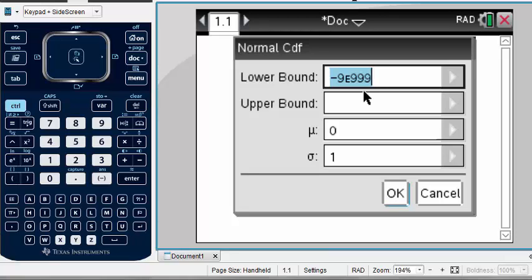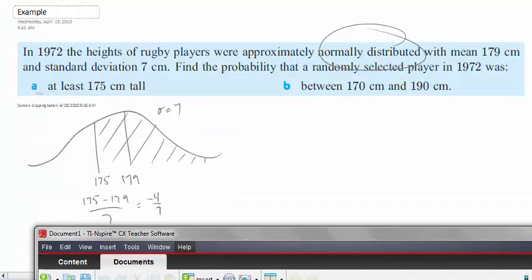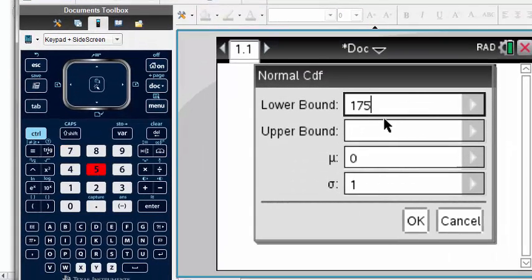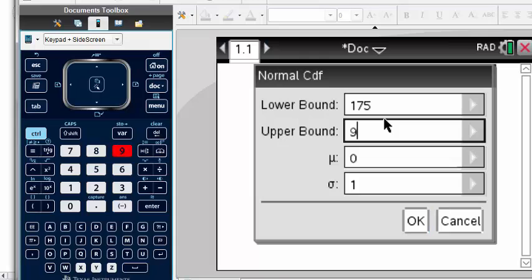So, lower bound. I don't want lower bound to be negative infinity. I want lower bound to be 175. Upper bound, I want infinity. 9 EE 999.